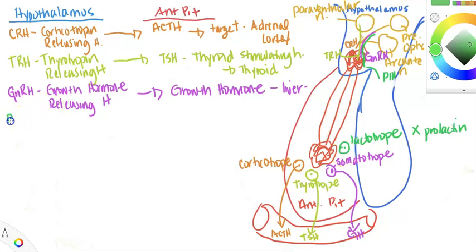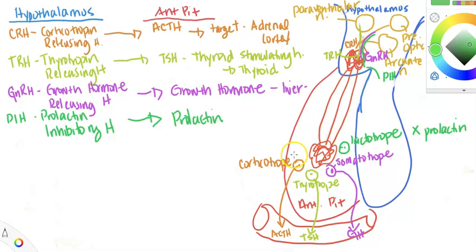So this is PIH, which is called prolactin inhibitory hormone. So it tells the anterior pituitary not to secrete prolactin. So when it's time to lactate and feed the baby, then that is blocked, and so you no longer have PIH blocking it.